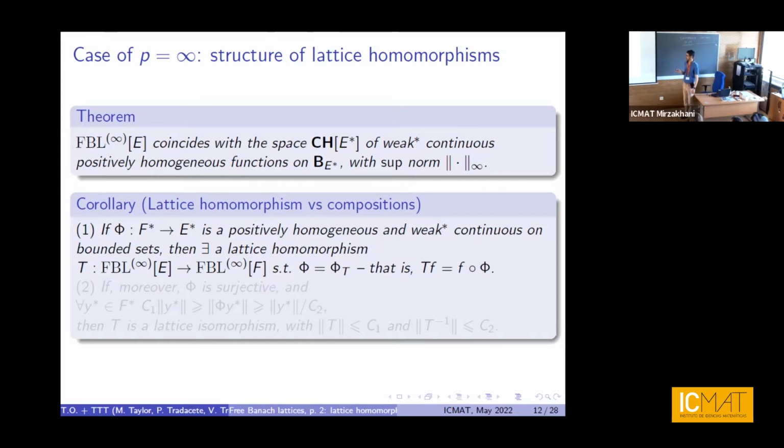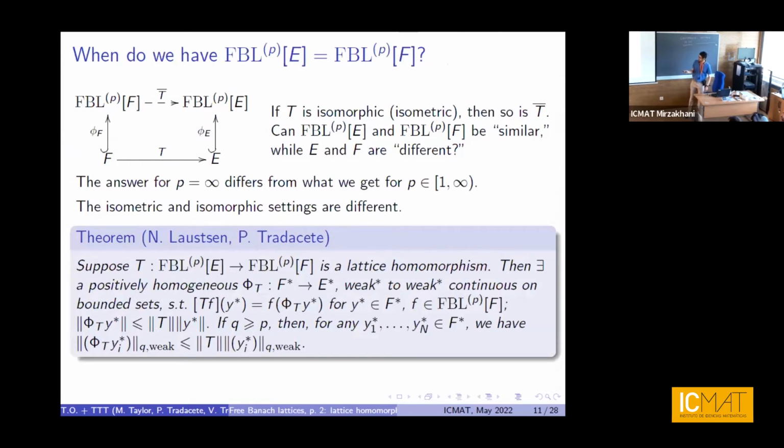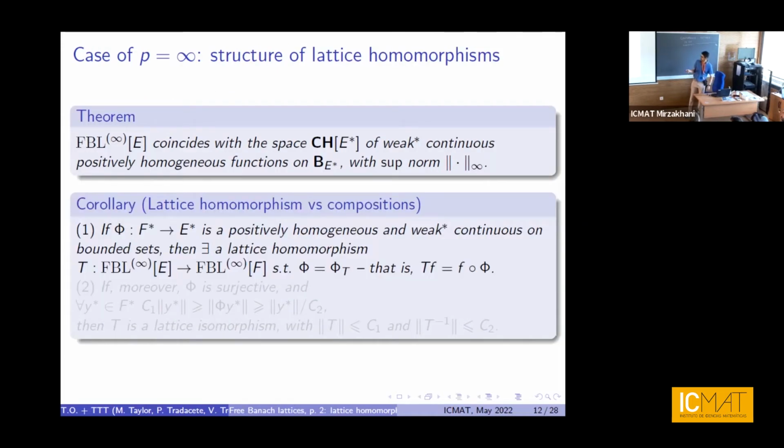So on the previous slide, we had that any lattice homomorphism is a composition map, and in the case of p being equal to infinity, we have the converse.